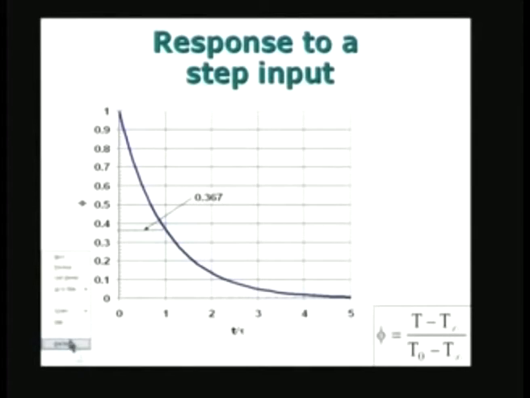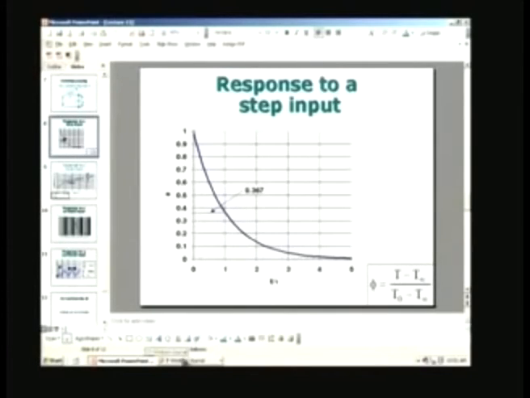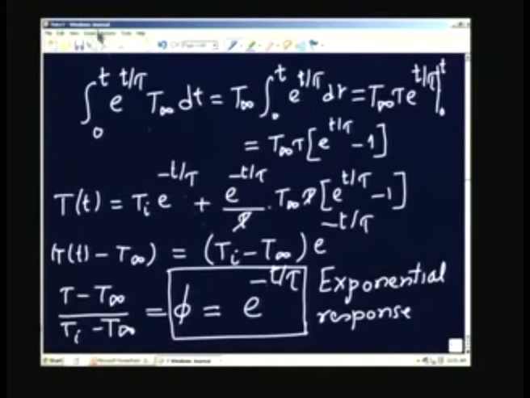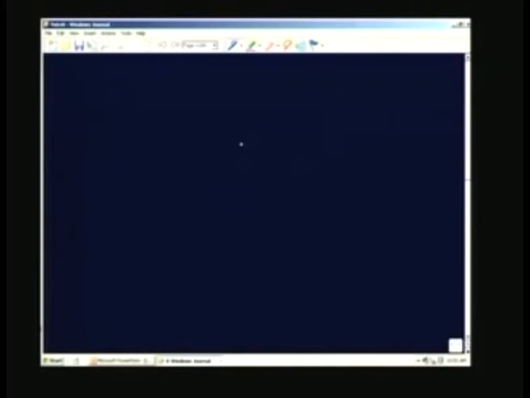So, let us look at the equation again, and what I am going to do is look at a slightly different change of temperature of the ambient. So, if I have a ramp input, it is very common.